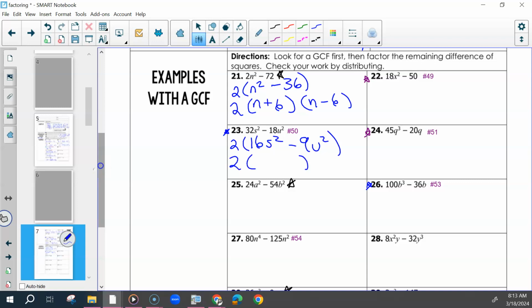What would those two factors be? 4s plus 3u and 4s minus 3u. If you're not sure about what times what goes into these, take the square root of these numbers.